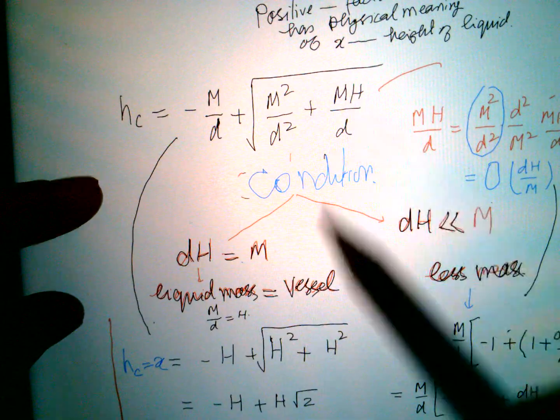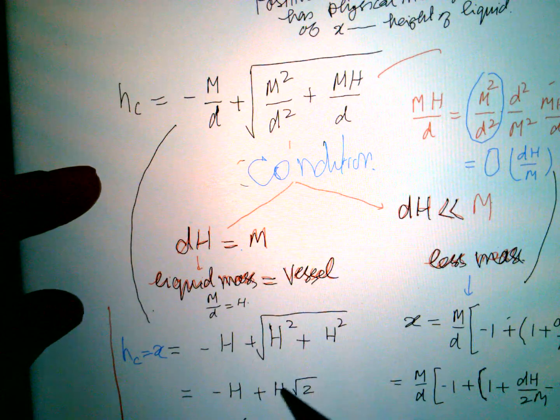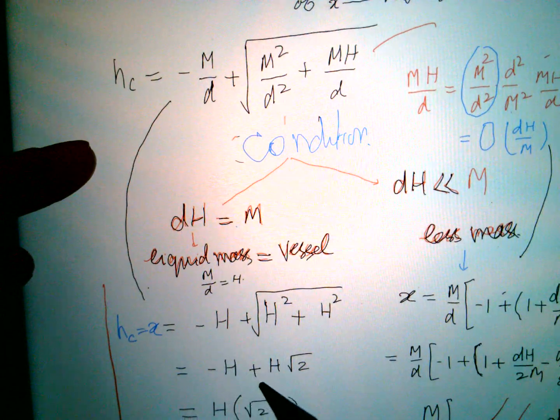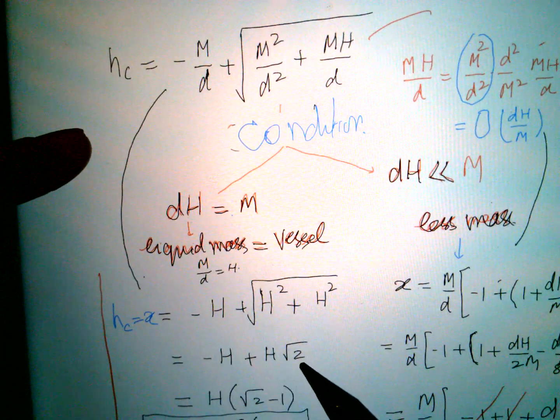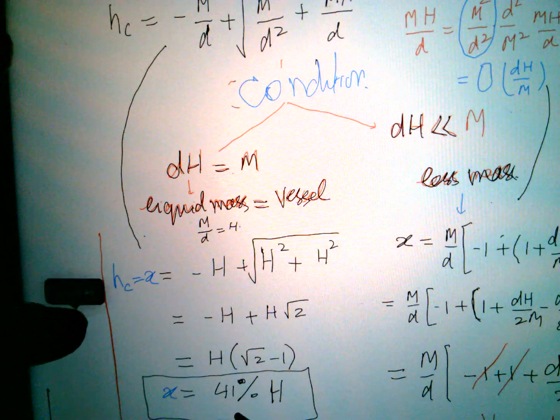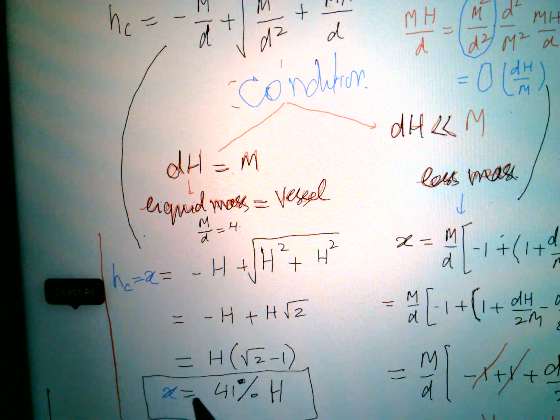So if we put this in, this will be h square plus h square, so this is minus h plus h into the square root of 2. So x is equal to 41% of h.